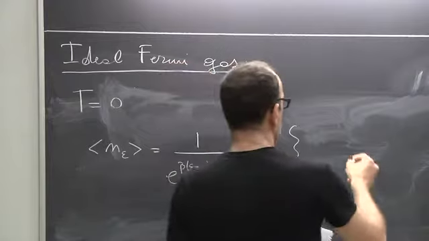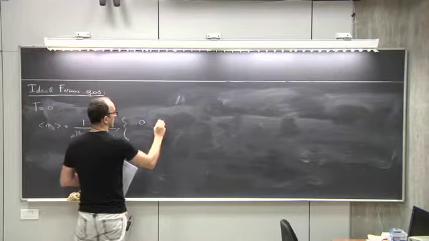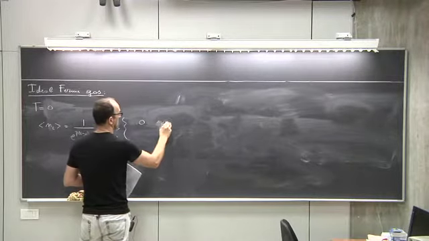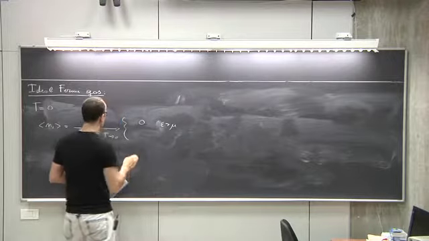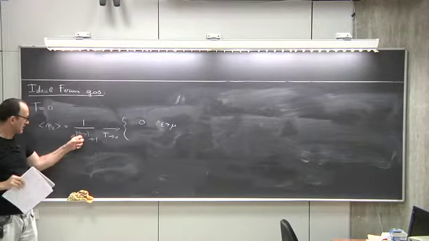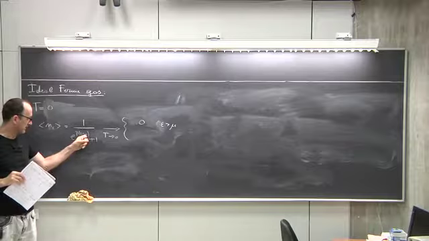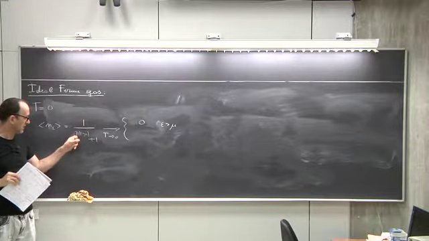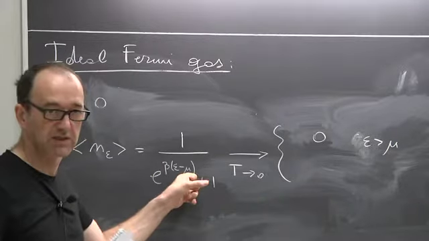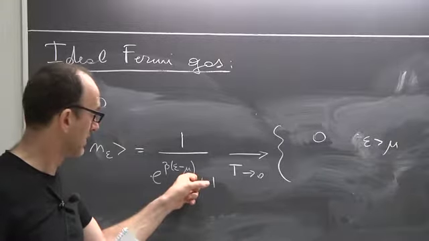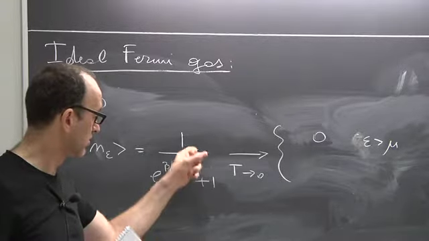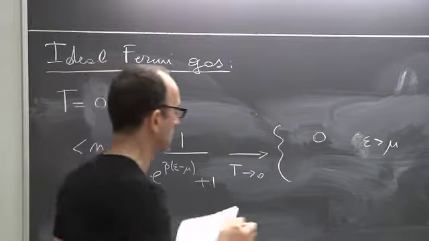Okay. So this is equal to 0 if the energy is larger than mu. And if the energy is less than mu, then the exponent is negative. So when beta goes to infinity, e to the minus beta times something will be equal to 0. So you just have 1. Okay?